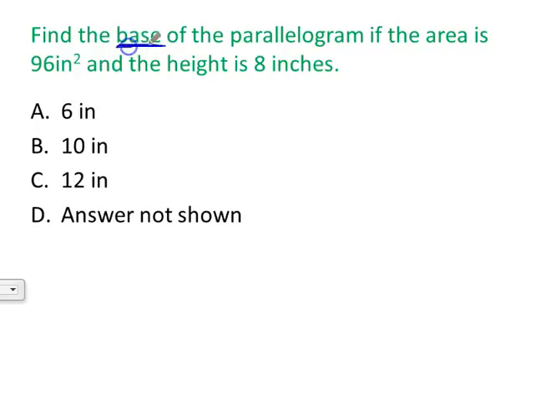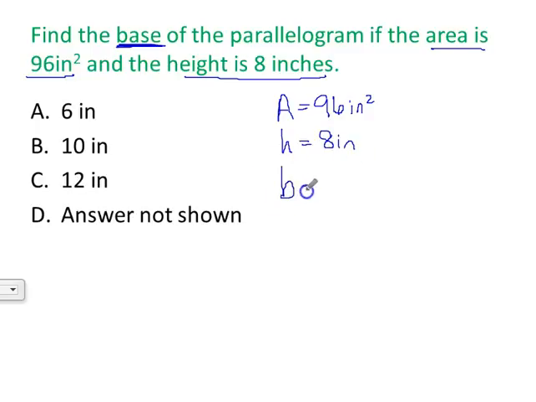So find the base of a parallelogram if the area is 96 inches squared. Notice their units squared, and the height is 8 inches. So again, let's look at this question and write down what we're given. It says the area equals 96 inches squared, and the height is 8 inches, and we need to find the base.